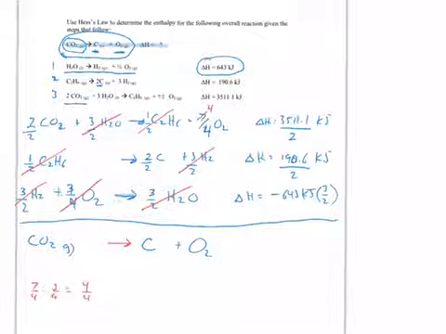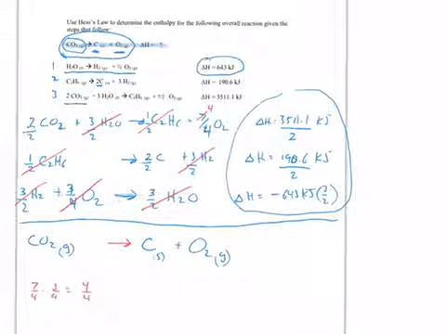I'm going to put the states in. Carbon's a solid, oxygen is a gas. And now I'm going to algebraically add the enthalpies. You can see that I have gone ahead and multiplied by half, and then also multiplied by 3/2 to get my enthalpies for the way we've set up the reaction.